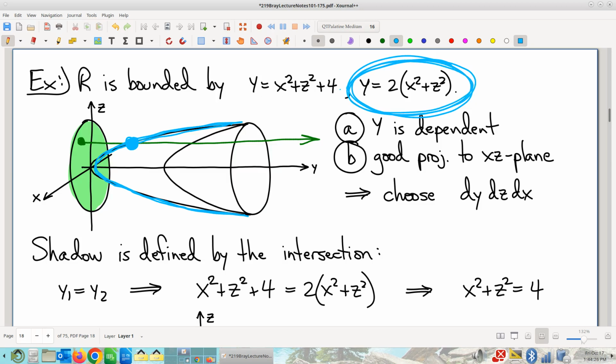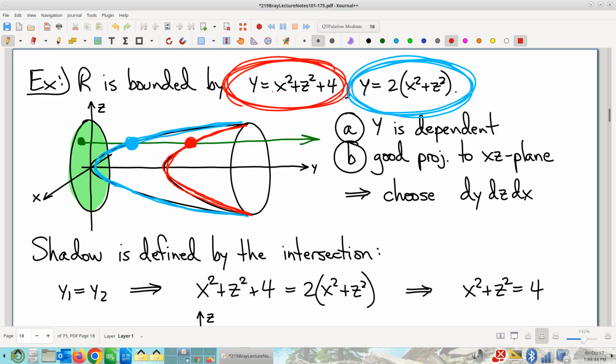Everybody believe in it? And then we're going to exit our solid when we get to that sort of ending point, which again, geometric appeal, I think is always going to be on this surface, which has this equation.